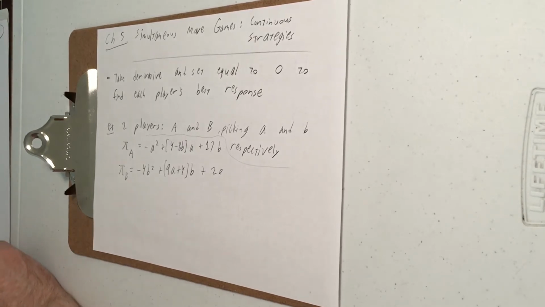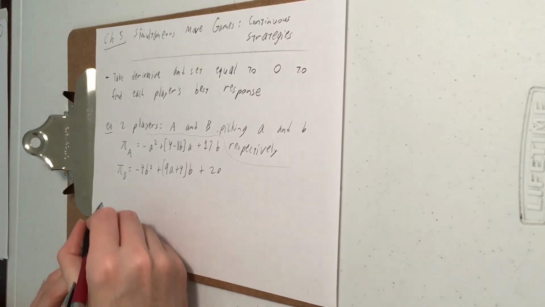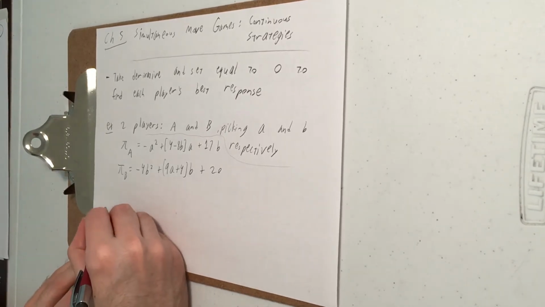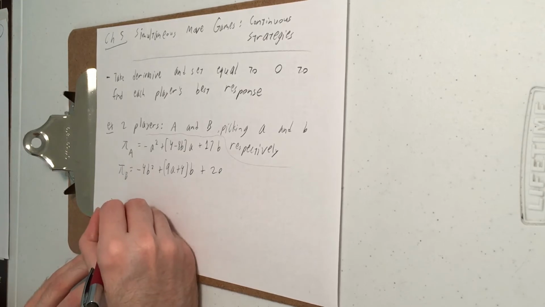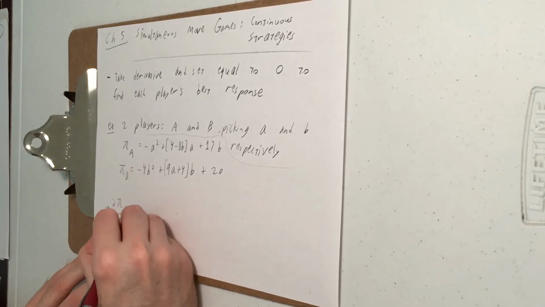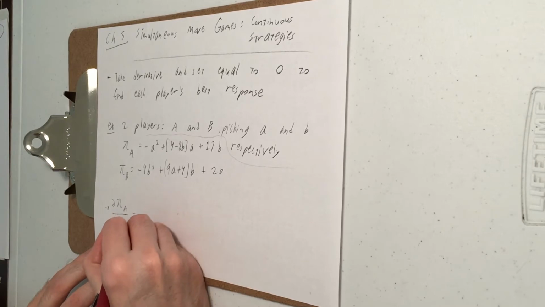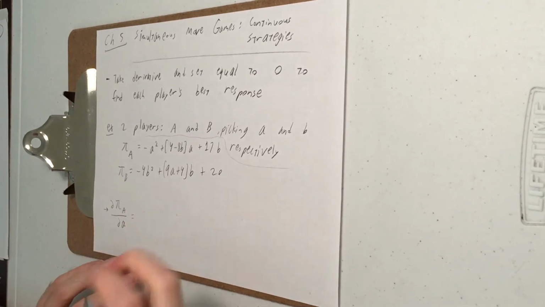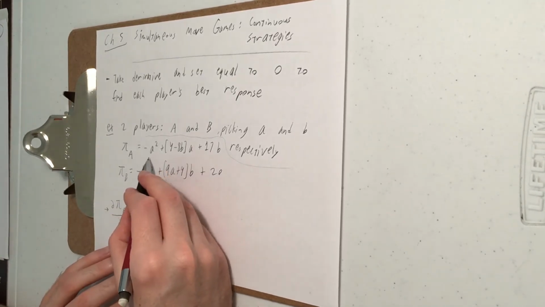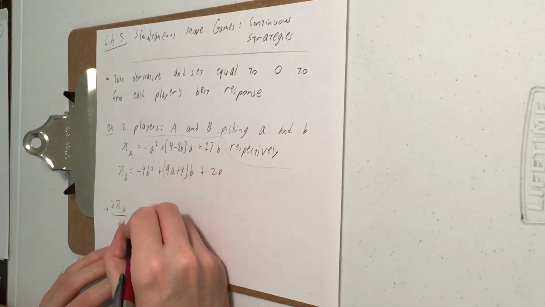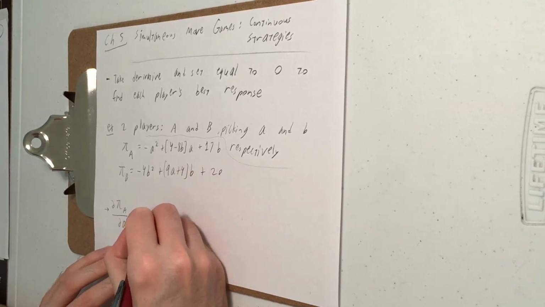To maximize player A's payoff, you take the partial derivative with respect to a and set that equal to 0. The partial derivative of minus a squared is minus 2a.